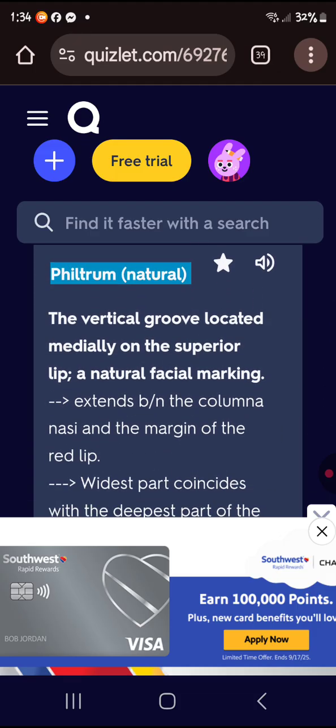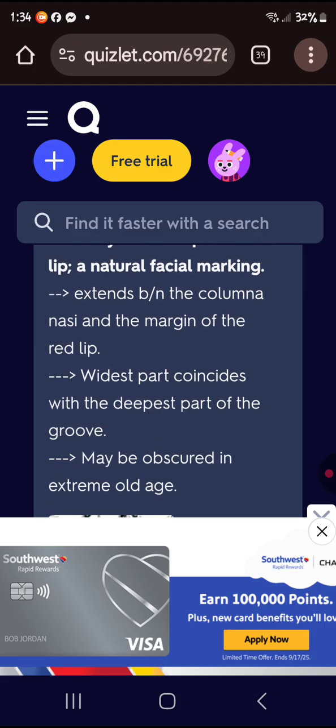So the philtrum, a natural facial marking, is the vertical groove located medially, in the middle, on the superior or upper lip. It's described as extending beneath the columna nasi or nose holes to the margin of the red lip. So it's like where you put your lip liner, right?